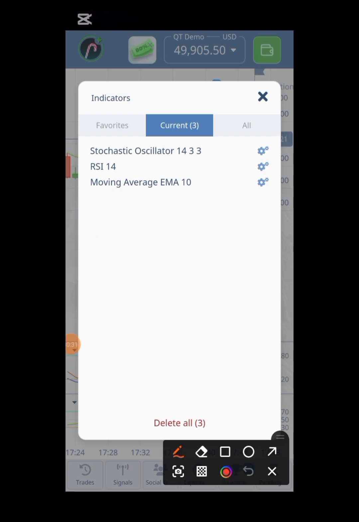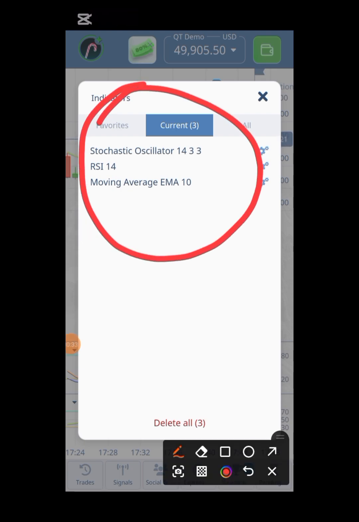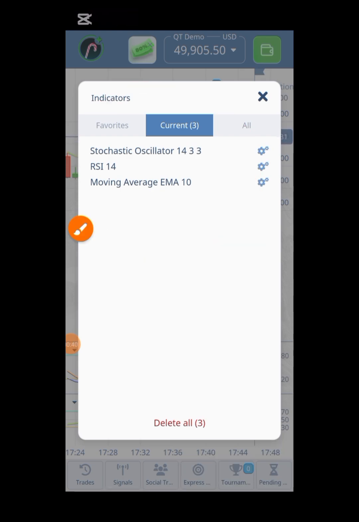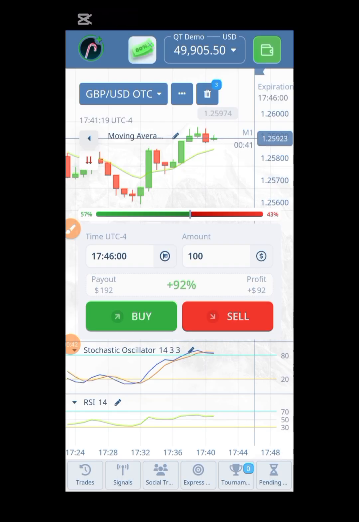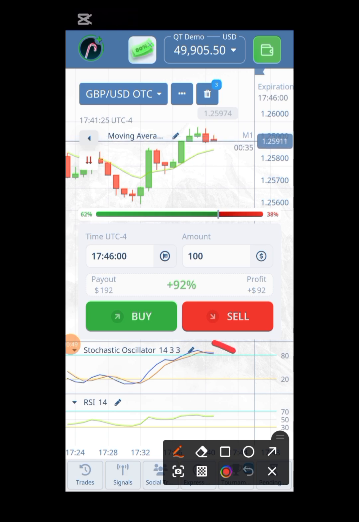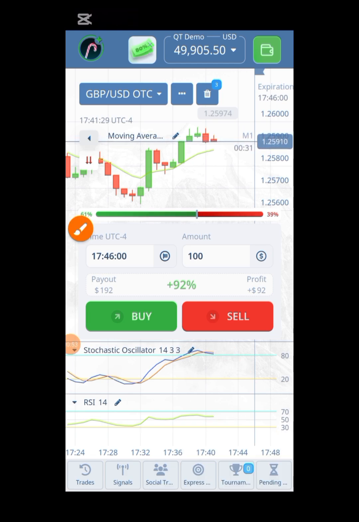As you can see, these are the indicators that I am currently using. They run through forex trading and cryptocurrency trading. I've selected them already, and when you select them, they automatically appear here. What these indicators do is help you get a good signal to take a position.